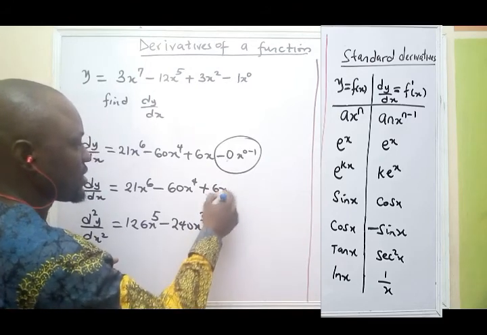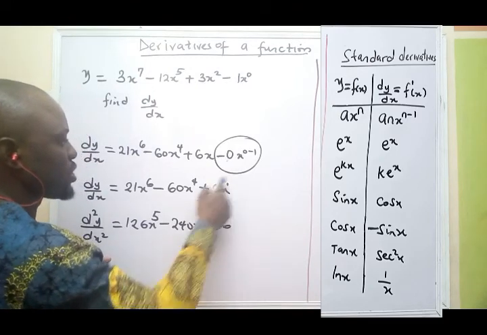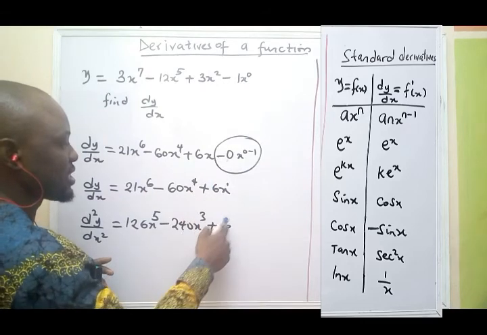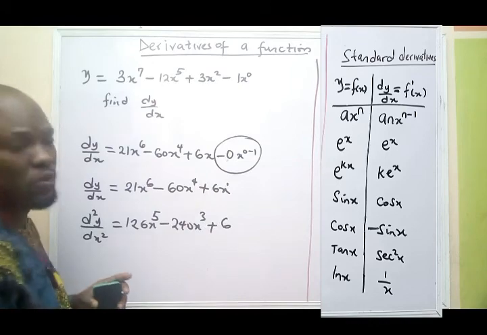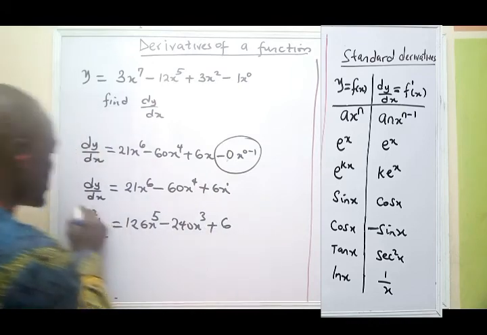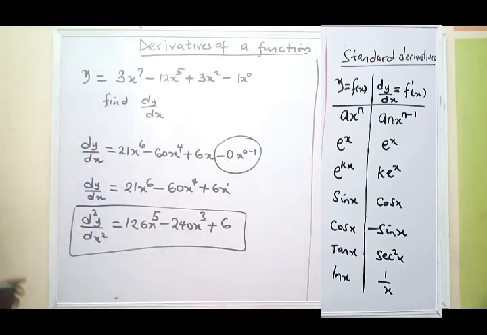The reason is because the power of this is 1, 1 times 6 is 6, 1 minus 1 is 0, x raised to the power 0 is 1, and 1 times 6 is 6. So this is my second derivative.